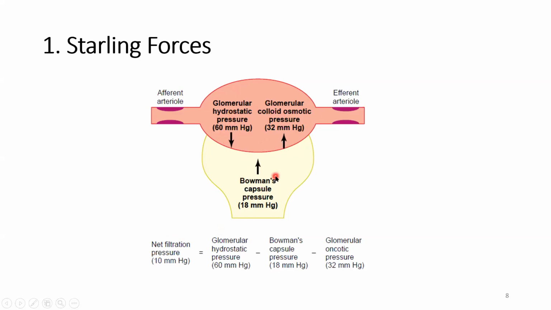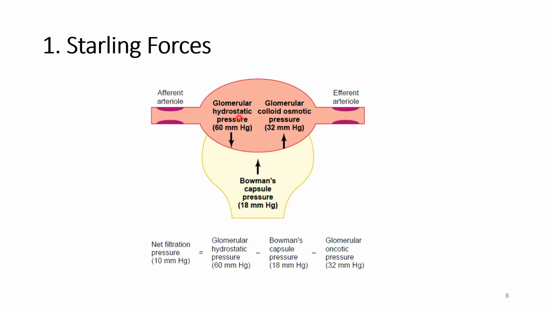If you remember the discussion of Starling forces in circulation, you would remember that there is a fourth one. So there is hydrostatic pressure and colloid osmotic pressure. Then there's hydrostatic pressure. What about the colloid pressure in the glomerular capsule? It's not mentioned here. We'll talk about this.